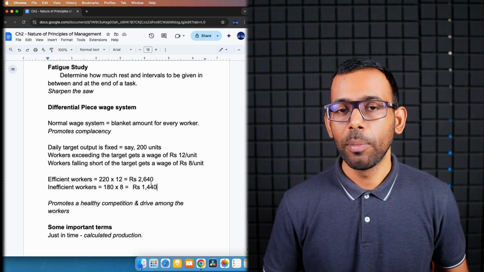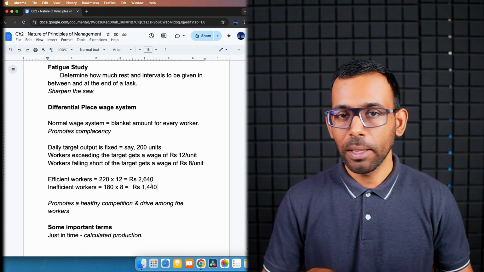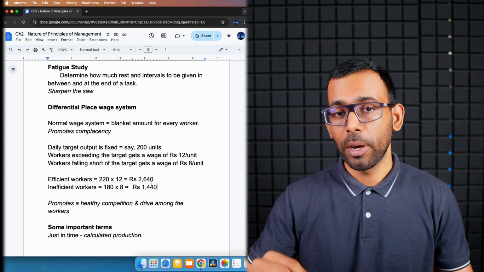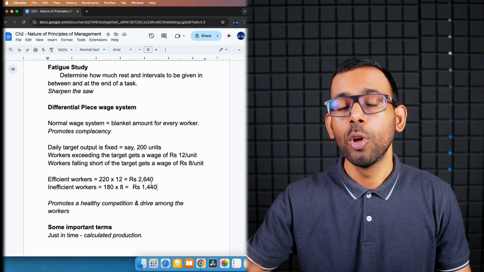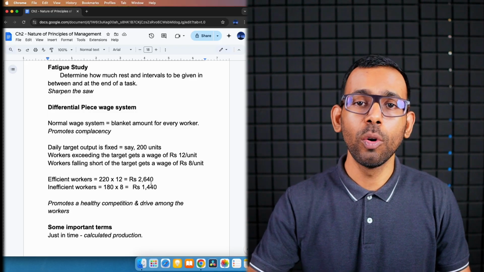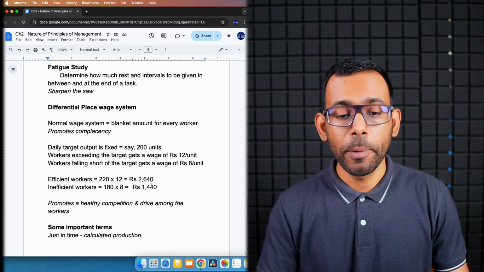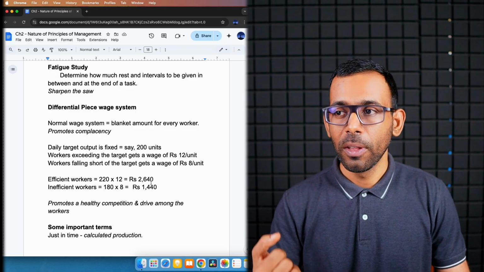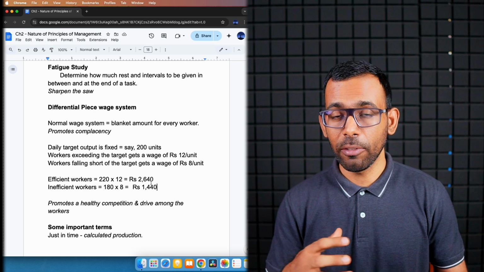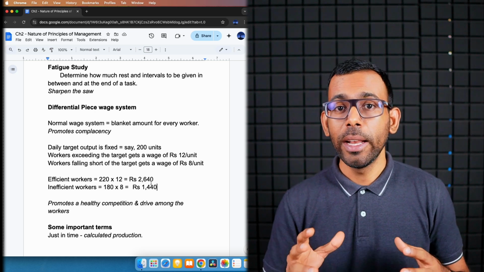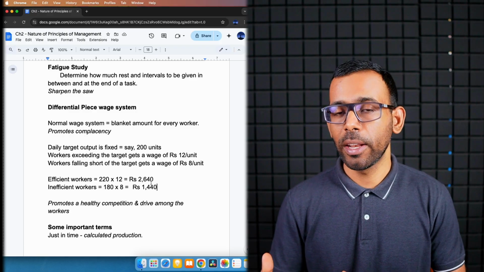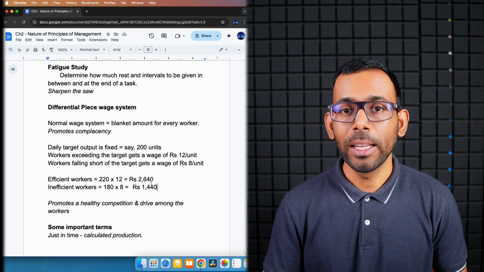Now what will happen is that the inefficient workers will eventually get to know that they made only 1440 per day, but some other people who are working much better than them are taking home 2640 per day. This will drive a competition factor into them, and they will start to feel, okay, let me see how I can shape myself up so that the next day when I come, my output will increase.